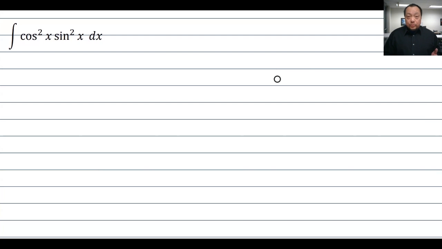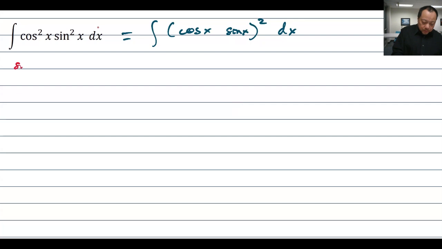Let's go back to the same example as before, but this time we're going to use the double angle of sine. Integral of cosine squared, sine squared. This can be written as integral of cosine sine quantity squared, like this. I'm going to apply the double angle of sine formula, this formula.